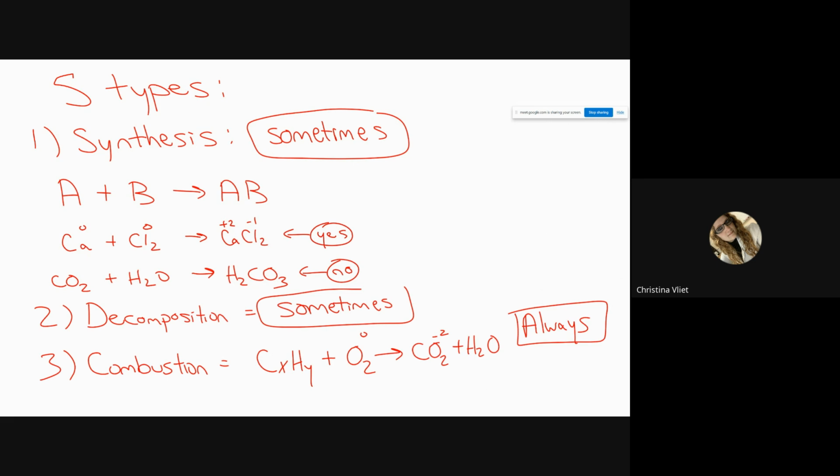I'll leave this to give you some time, and then we're going to continue to the next example. You can actually analyze all 5 types to figure out if they're redox or not.